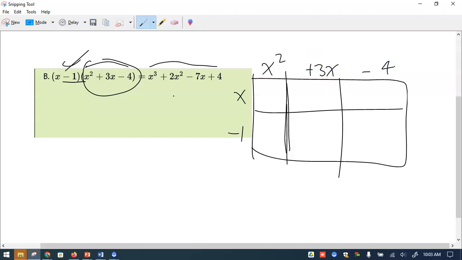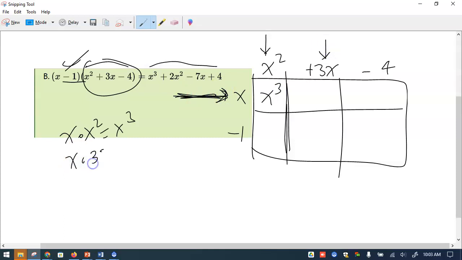Then we begin multiplying the first row, that is the x. So x times x squared will be x cubed. Then the same x is multiplied by the plus 3x.